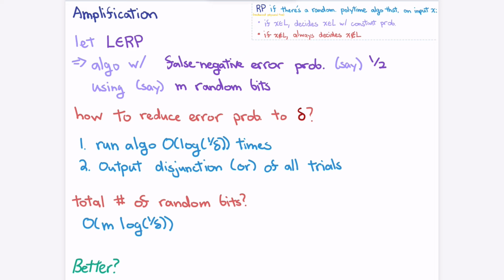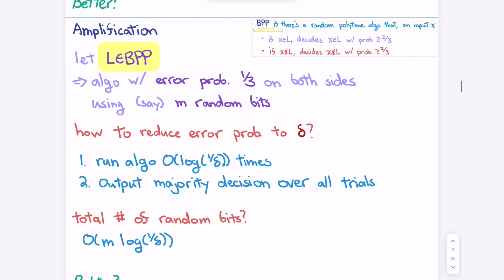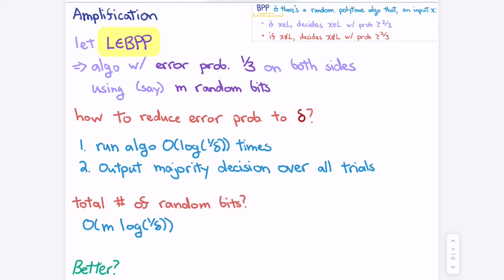You're going to have to repeat log 1 over delta times to get your error down to delta. And for BPP, you can amplify and improve your error similarly just by repeating. But now you have two-sided error, so you're going to want to take the majority vote. You apply Chernoff to that, and you'll still get this exponential decay.